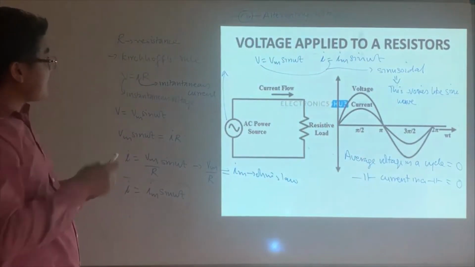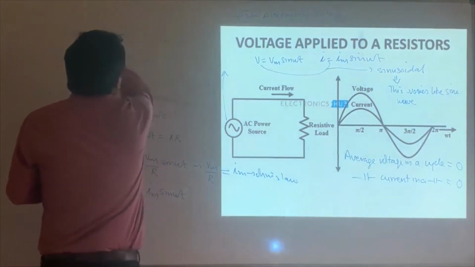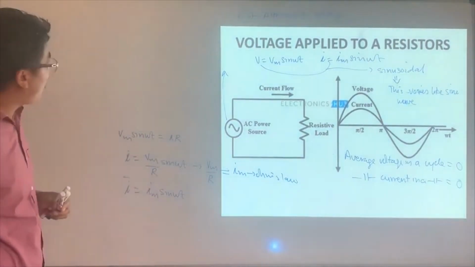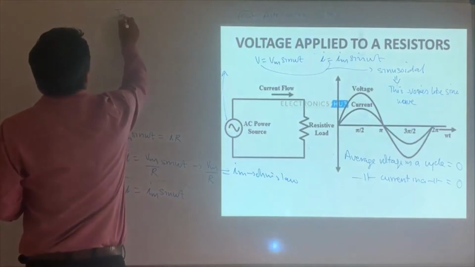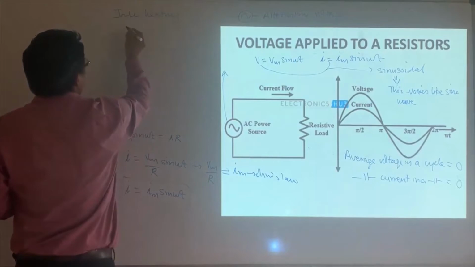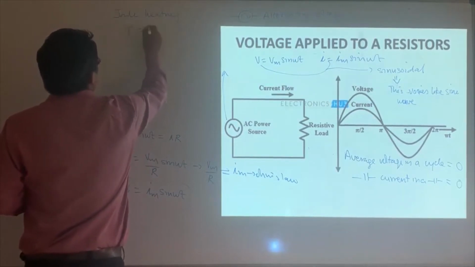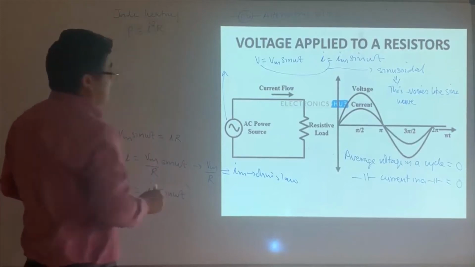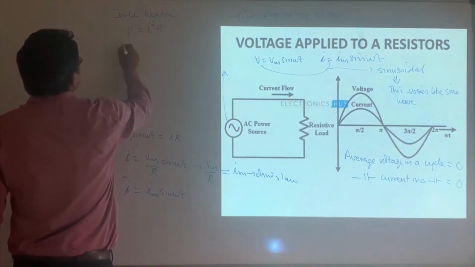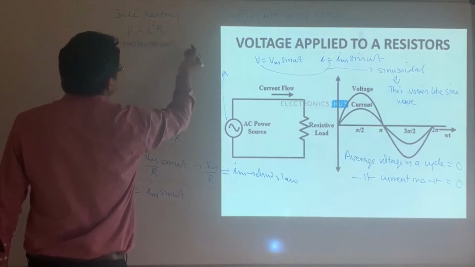However, look here. However, the average power is not going to become zero. So first I will talk about instantaneous power. From Joule's law of heating, power is equal to I square R. Now this is instantaneous power, power at time t.